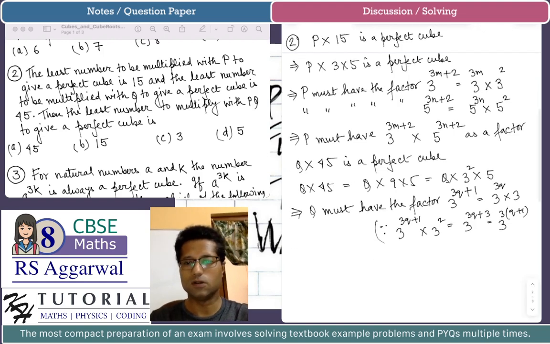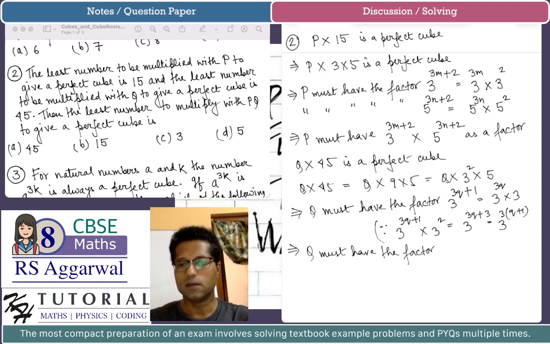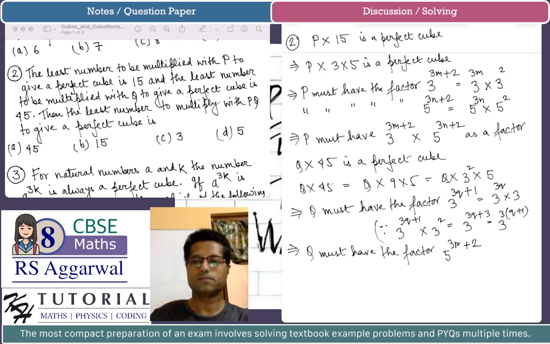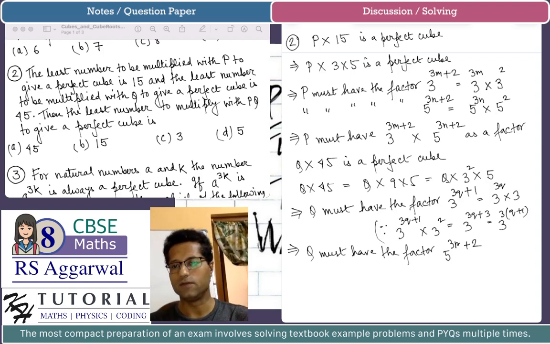So also, since 45 is 9 into 5, we can say q must have the factor 5 to the power 3r plus 2, because in 45 there is one 5, which means q needs one 5 to make all its 5s form triplets.